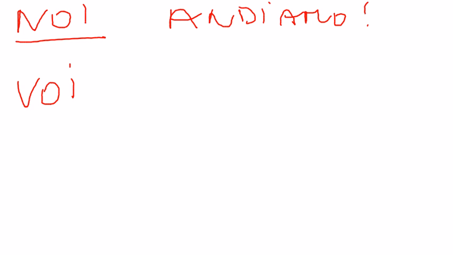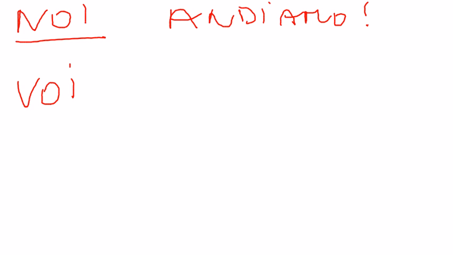For example, if I want to say let's go, which is the noi form of the verb to go, I would just say andiamo. The only thing that I want you to pay attention to is that I do not use the pronoun noi.